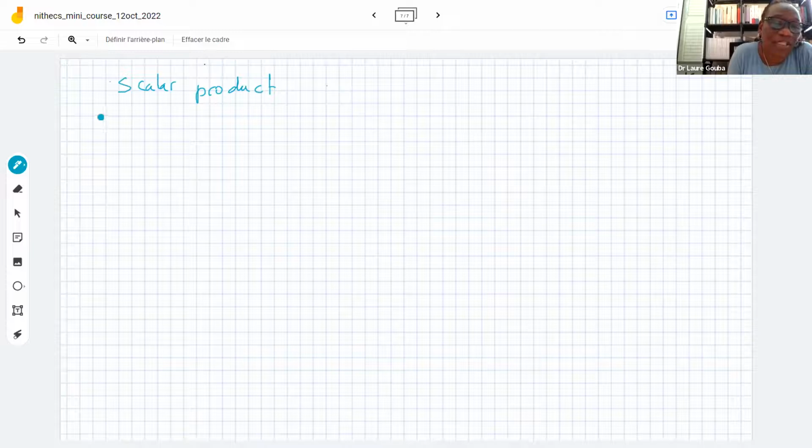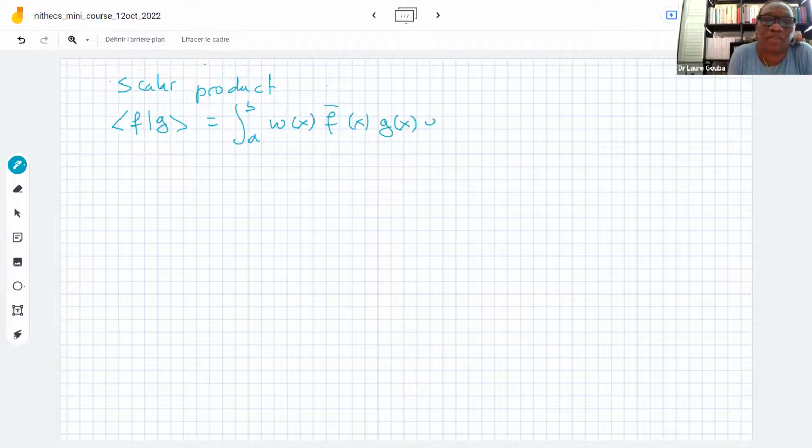For the scalar product, we assume that the scalar product of f and g is equal to the integral from a to b of the weight function, conjugate f of x, g of x, dx. And of course, w of x is the weight function.